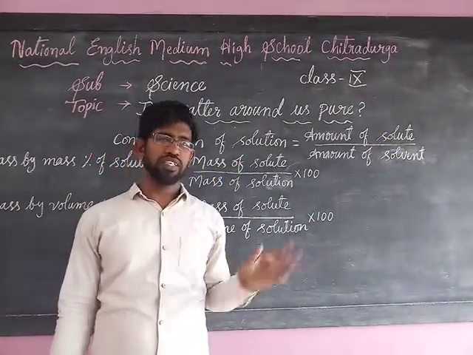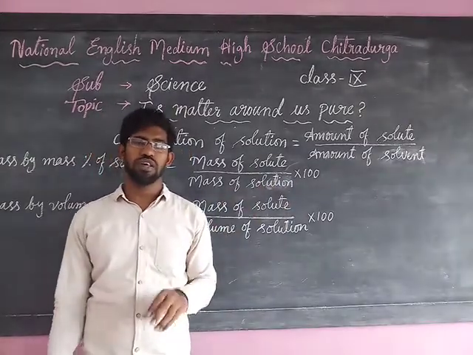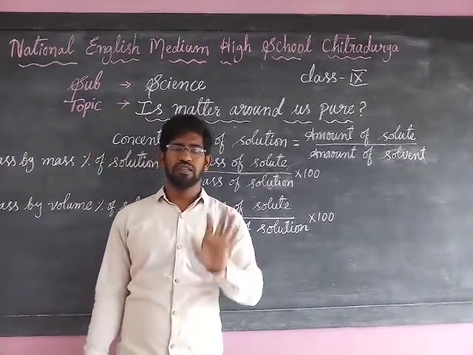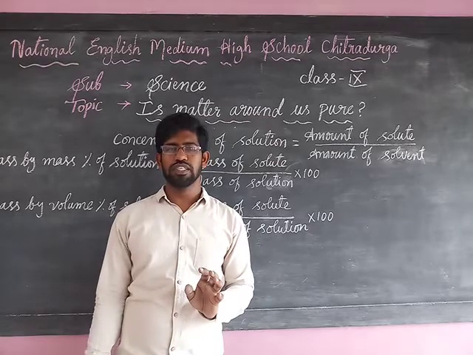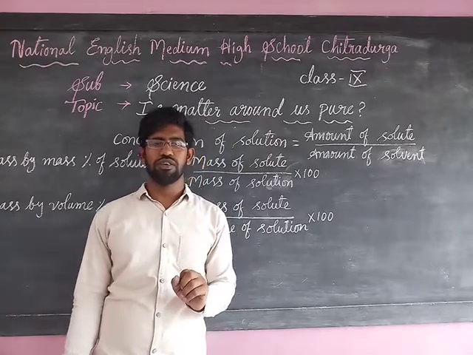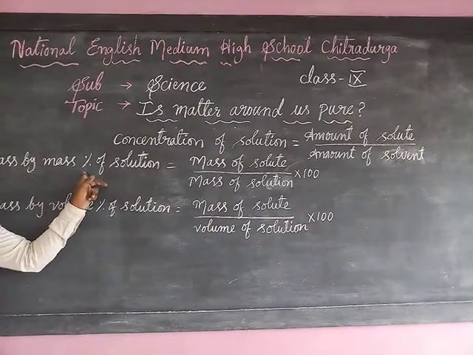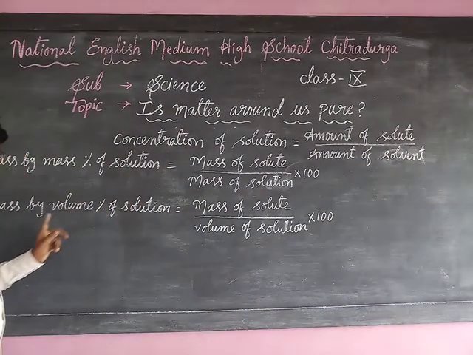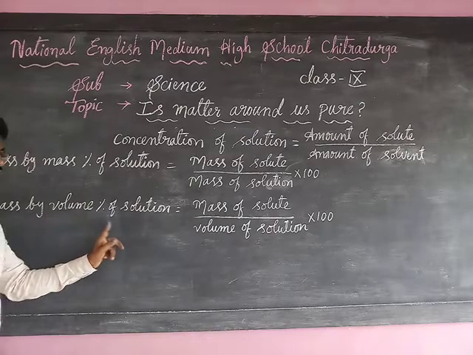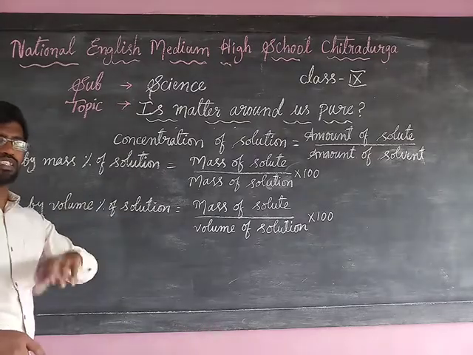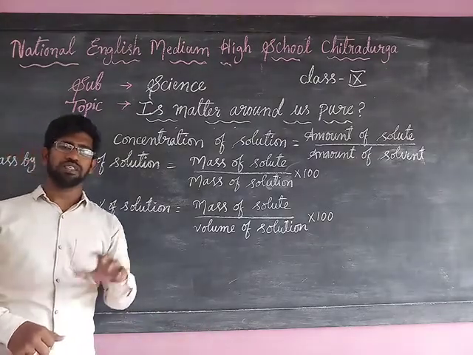By knowing this concentration, we have to find the percentage of the concentration. There are two formulas to find the percentage. The first one is mass by mass percentage of solution, the second one is mass by volume percentage of the solution.